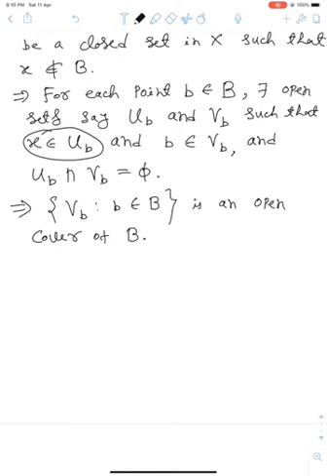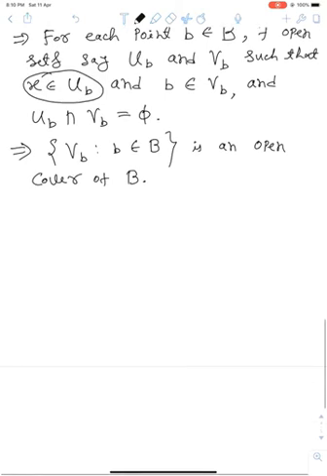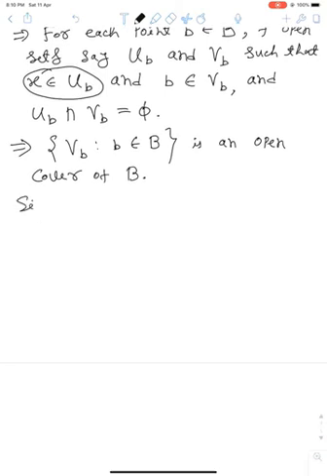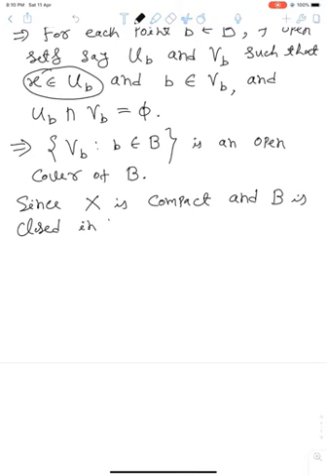In particular we cannot, because a subset of a compact set may not be a compact set, right? But here B is a compact set. Why? Because B is closed. Now since X is compact and B is closed in X, therefore B is also compact.